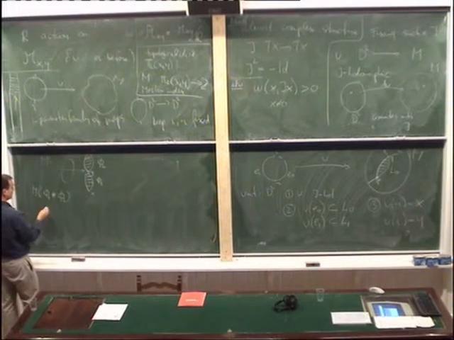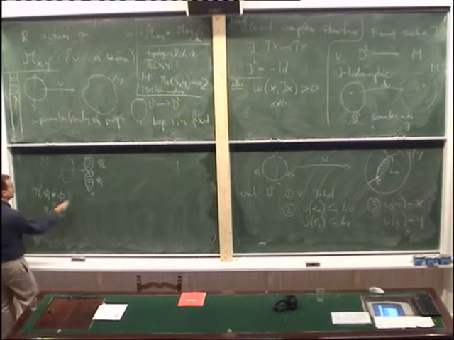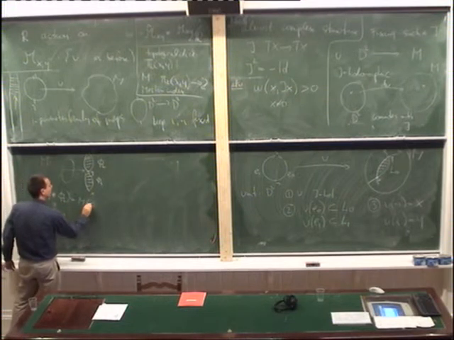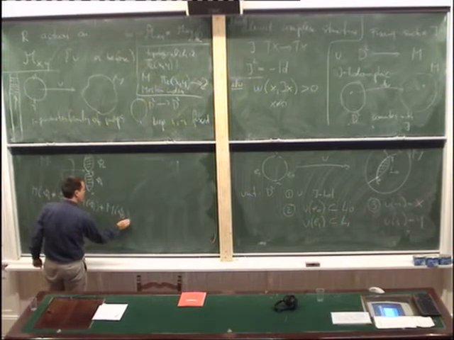So this is an element in pi2 xw. This is not the best notation, but okay. Then this is m of phi1 plus m of phi2.